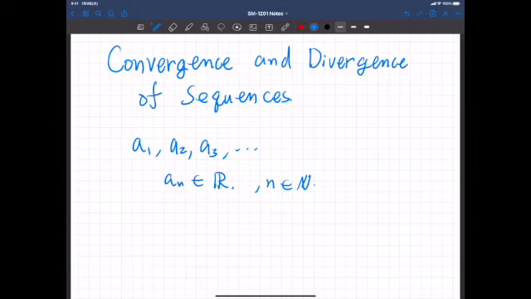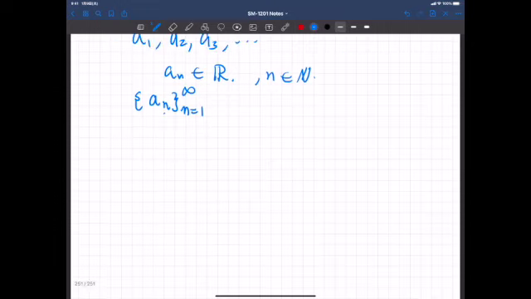We usually write these sequences with curly brackets and an, or if you want to specify what this n is, n from 1 to infinity, something like that. Okay, so now let's define the limits.